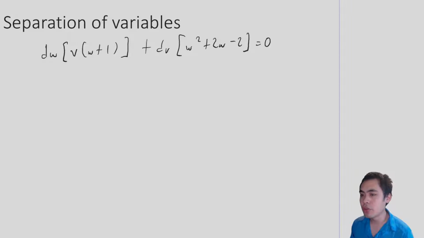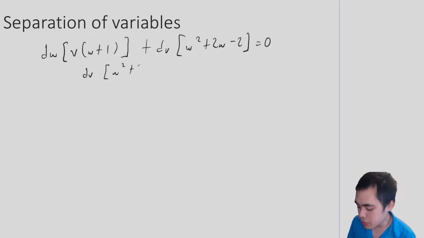So let's move the dw piece onto the right. So we end up with dv (w squared plus 2w minus 2) is equal to minus dw times v(w plus 1).